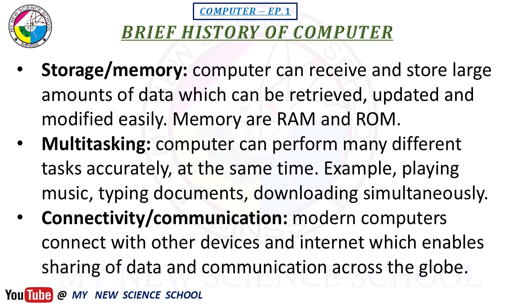Another key characteristic of a computer is multitasking. A computer can perform a lot of different tasks accurately at the same time. Example, playing music, typing a document, and downloading simultaneously. That means at the same time. So a computer can perform many different things at the same time, unlike humans who cannot combine two works together because they can only focus on a particular work.